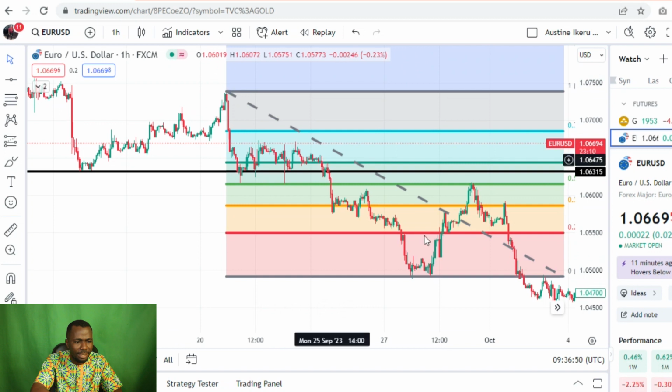So you connected the high to the low, right, and you now draw your resistance line, because this was clearly a support level where price could not break through, and it automatically becomes your new resistance level.